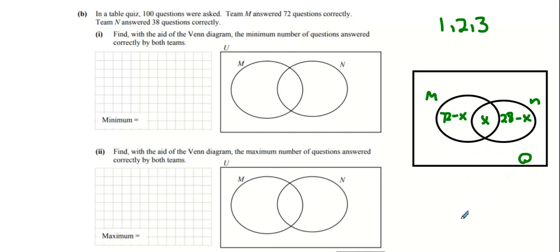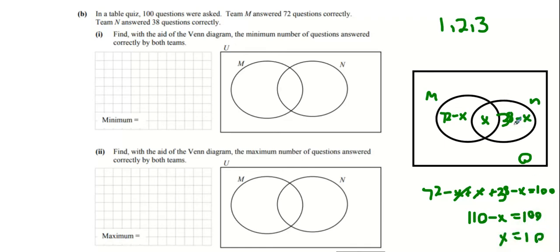All these regions have to add up to 100, so 72 take away x plus 38 take away x has to equal 100. That'll be 110 take away x equals 100, and x equals 10. Okay, so that'd be one answer, where you set the outside as 0.